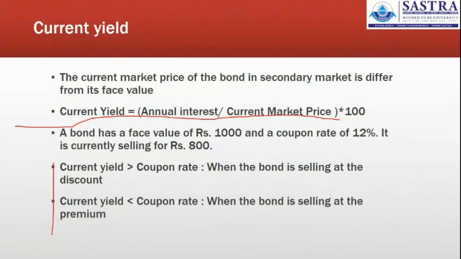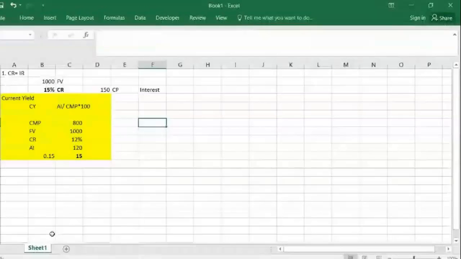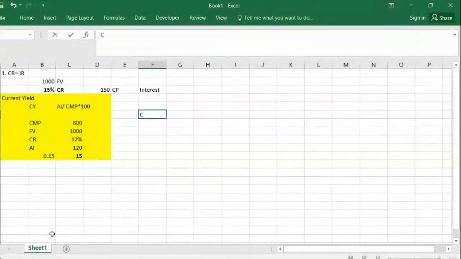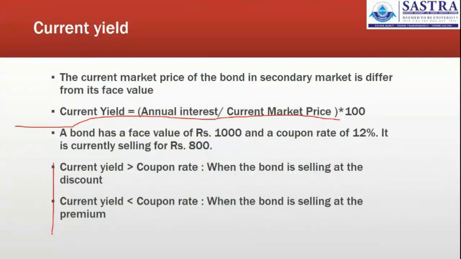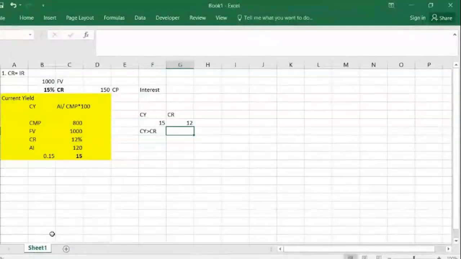Here you can take the current yield and the coupon rate. In this problem, the current yield is 15% and the coupon rate is 12%. It means the current yield is greater than the coupon rate, which means the bonds are selling at a discount. We can understand this from this particular example.